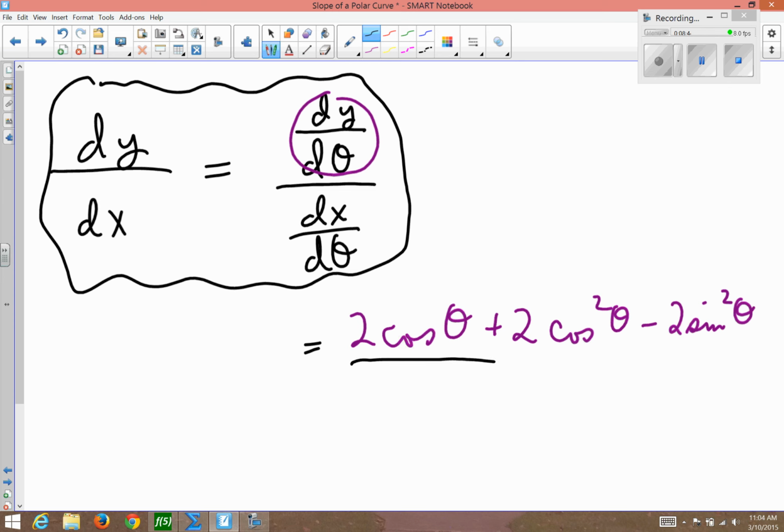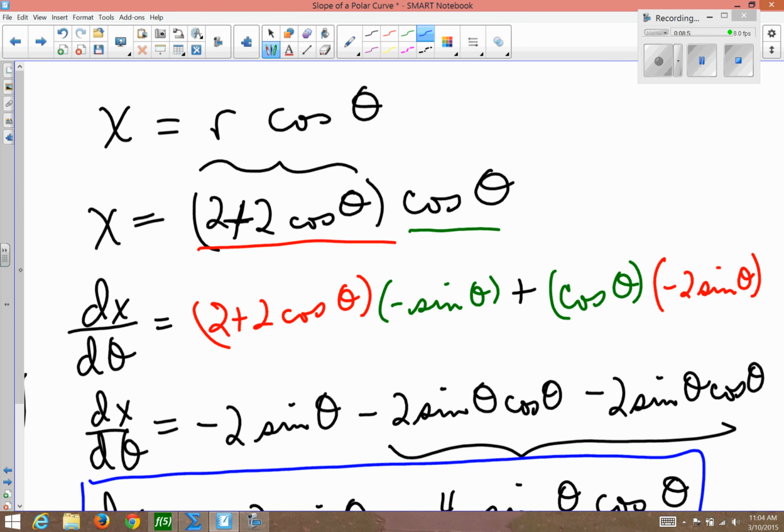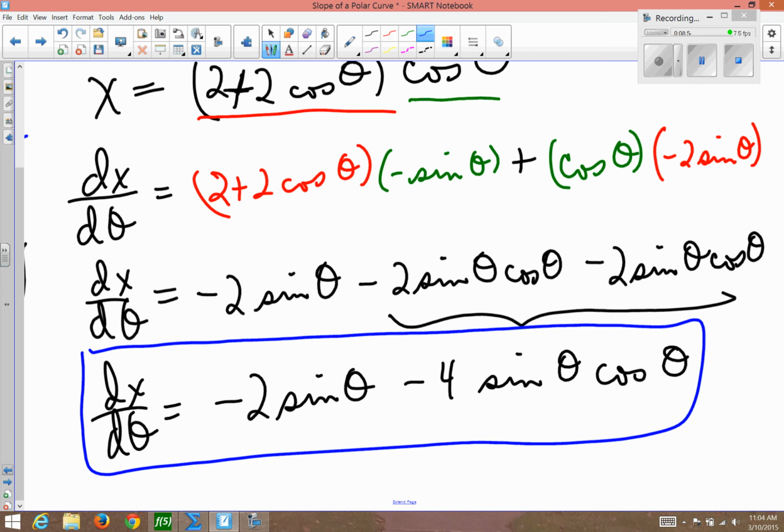dy d theta was purple. Dx d theta, I think we made that blue. Dx d theta is right here. Hopefully there's no mistakes. It's negative 2 sine theta, negative 4 sine theta cosine theta.